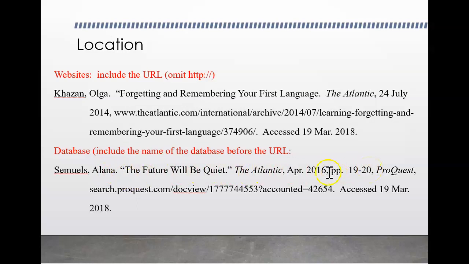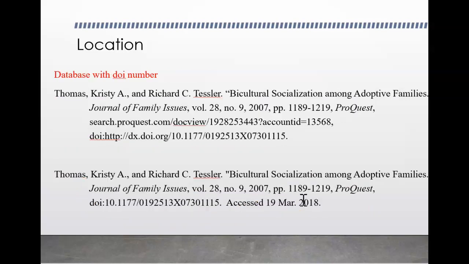This is sort of the print version of it, and then ProQuest is the database, that's italicized, and then the URL is included for that, followed by the access date. I'll mention this week and then talk about it again next week when we talk about scholarly sources.